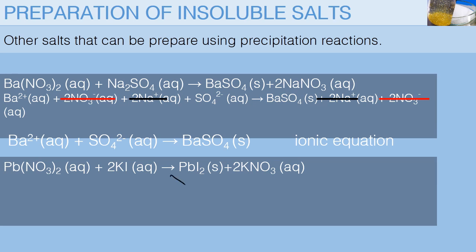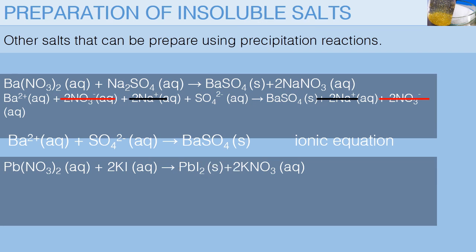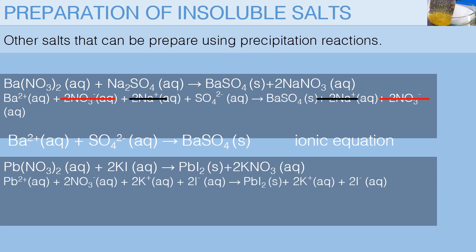Lead II iodide is yellow in color, and that is why we call it gold rain or golden rain. So you see, precipitation reaction means rain, and yellow is the color of gold, so it is gold rain. The ionic equation is as follows.